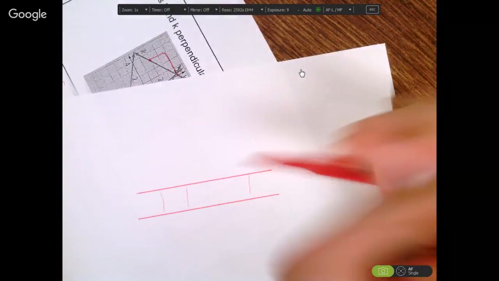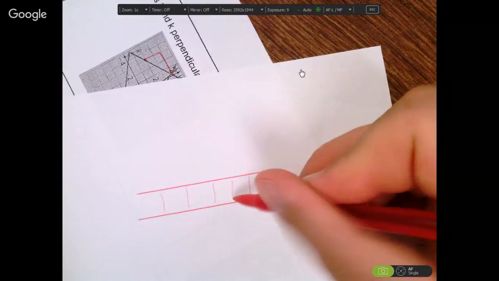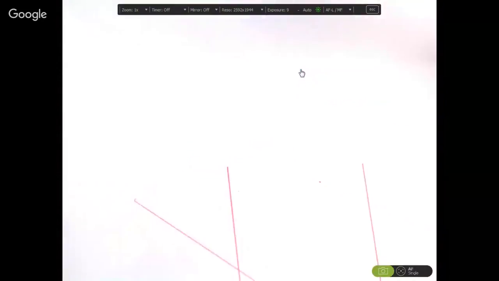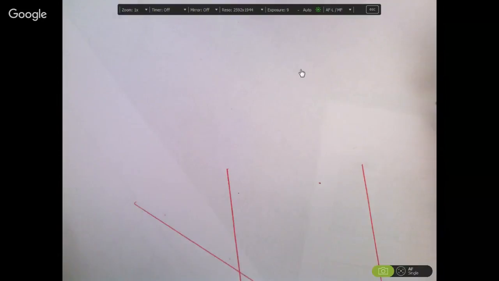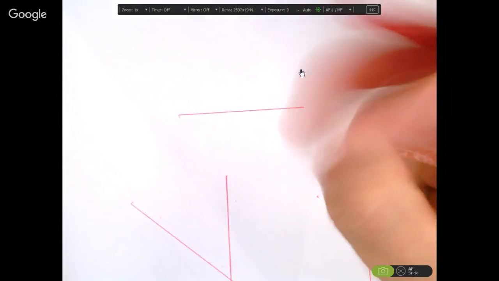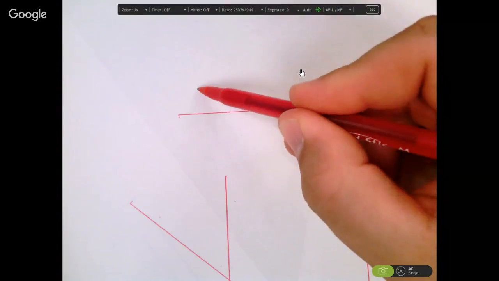That's how Rachel did it. She found a couple places where the distance was the same, and then connected those. To use the slope without the grid, you would have to go up the same.